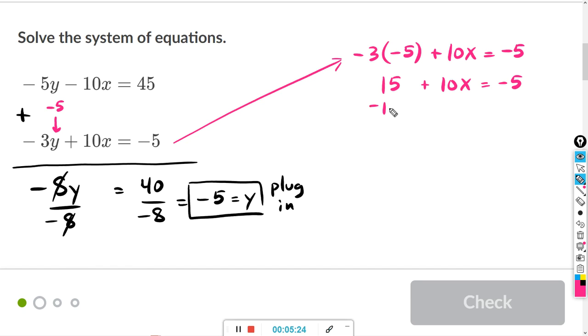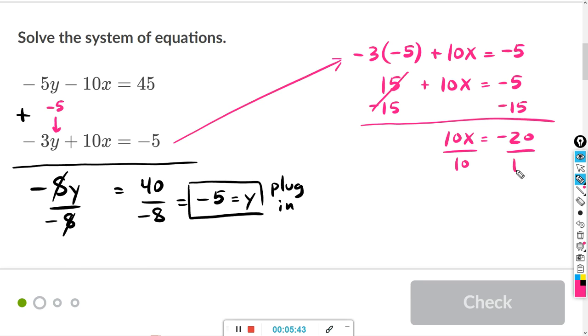Solving for x, we subtract 15 on both sides. The 15's cancel. Bring down the 10x, and negative 5 minus 15 is negative 20. Okay, dividing both sides by 10. 10 over 10 cancels. Negative 20 divided by 10 is just negative 2.